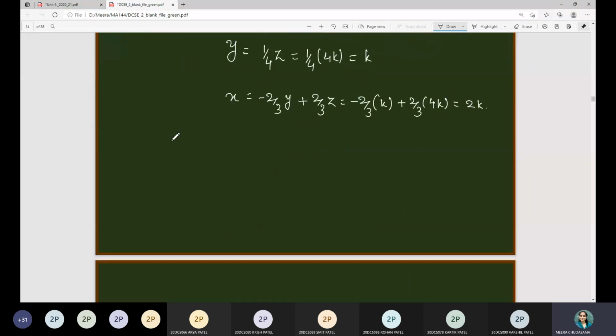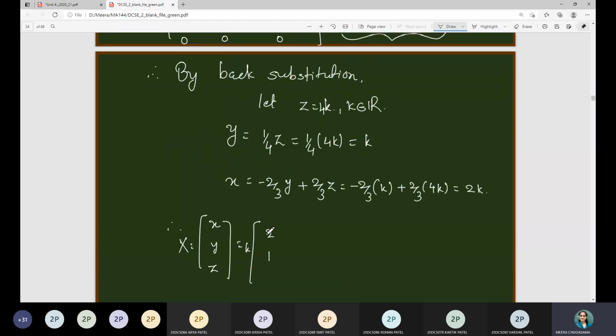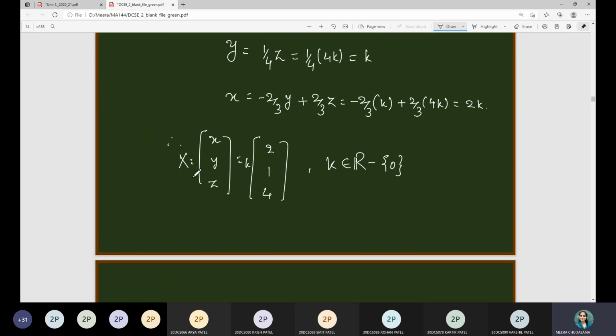So in that case, the eigenvector x, which is x, y and z, will become 2k, scalar multiple of 1 and 4, where since we have already assumed our x is not equal to 0, I will write here that k belongs to R minus 0, because if I choose k equal to 0, it will give you the 0 matrix, that is eigenvector as 0, which is not our case. So we have to eliminate k as 0 from the entire real number system, right? This corresponds to lambda is equal to 1.